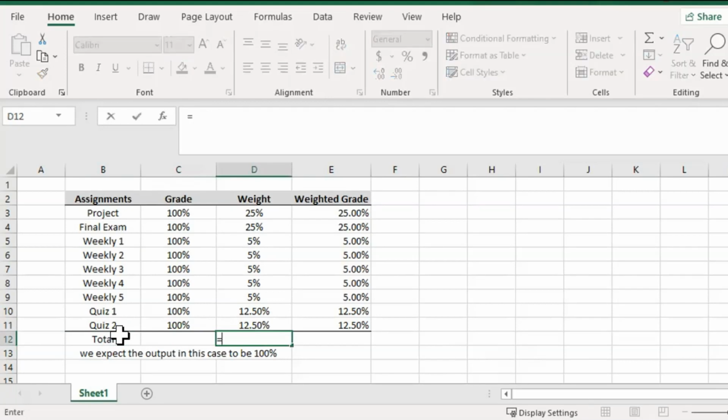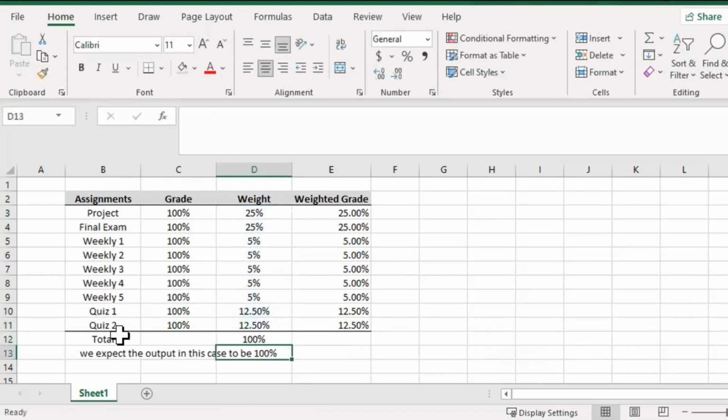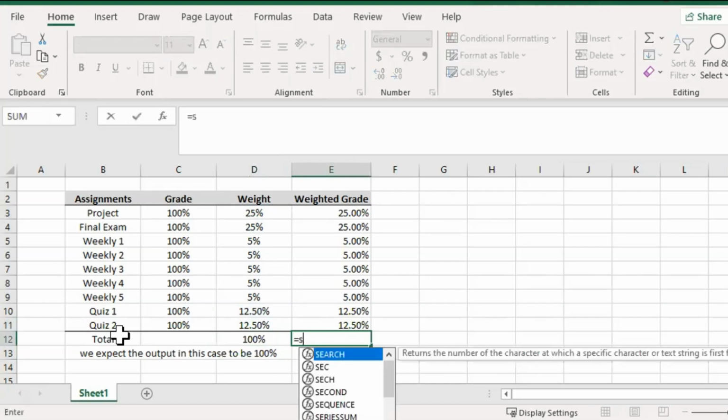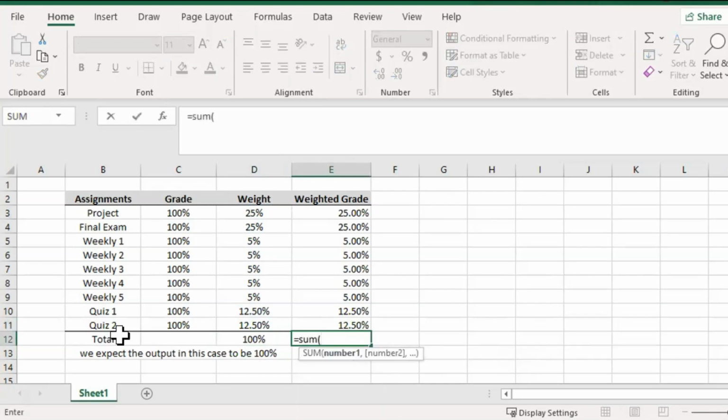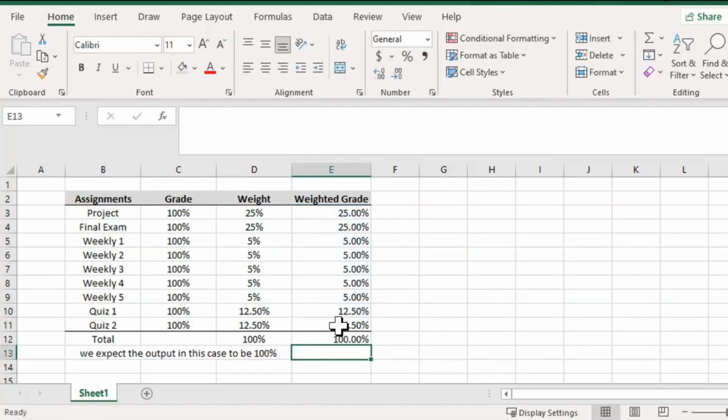The weight, we can just double check that the sum of our weights is 100%, which is good. And then our weighted grade, we will also check what our total grade is based on our weights. So this really is how we validate that our assumption is correct. And in this case, it is.